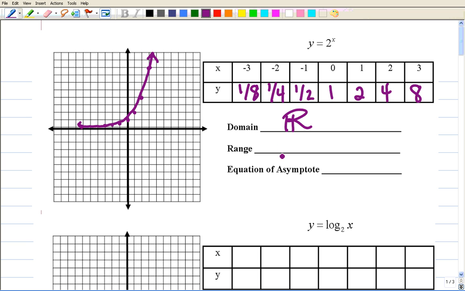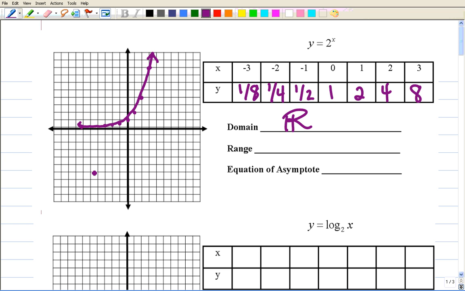But the range is not all real numbers. In fact, let's look. Okay, so if we're moving on our table or on our graph from the right to the left, so we had 8, 4, 2, 1, a half, a fourth, and an eighth. We're dividing by 2 as we go. So we'd have a 16th, and then a 32nd, and then a 64th, and so on. Well, the numbers would get really, really small, but they would never actually reach 0.